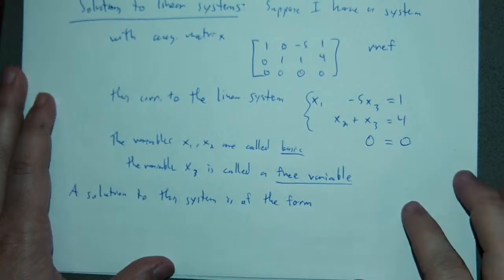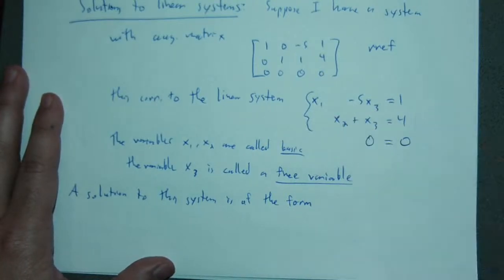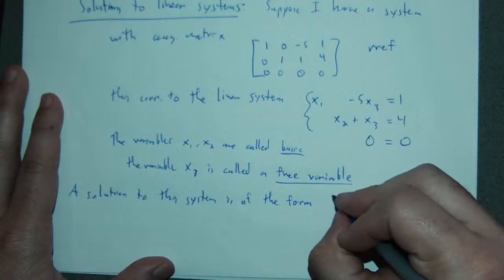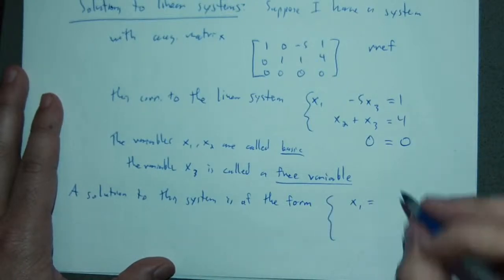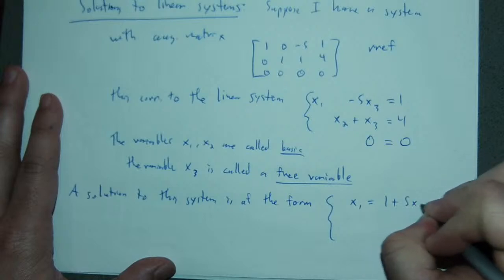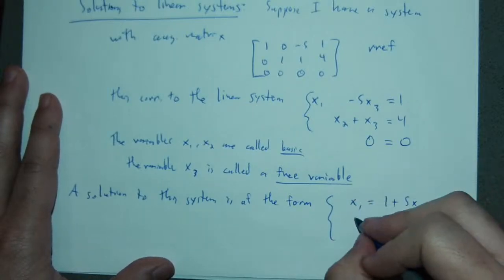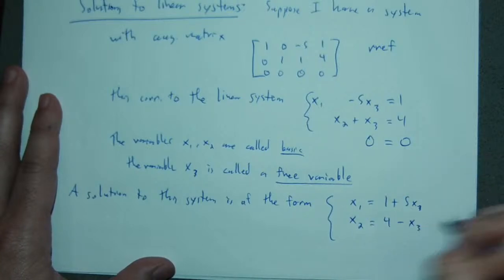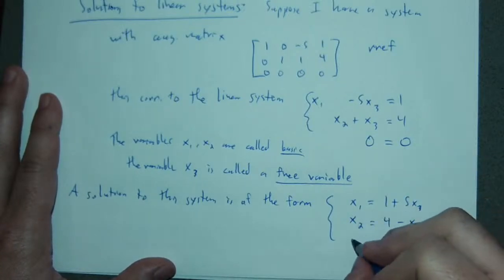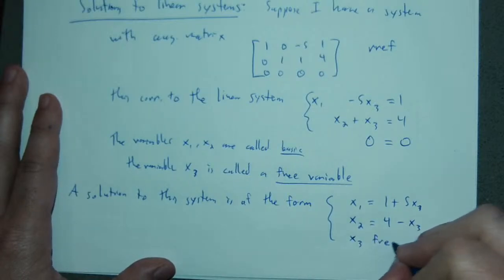I don't need to do anything fancy here. I just move 5x sub 3 to the other side, right? So the form of a solution is x sub 1 is 1 plus 5x sub 3, and x sub 2 is 4 minus x sub 3. And x sub 3 is free.